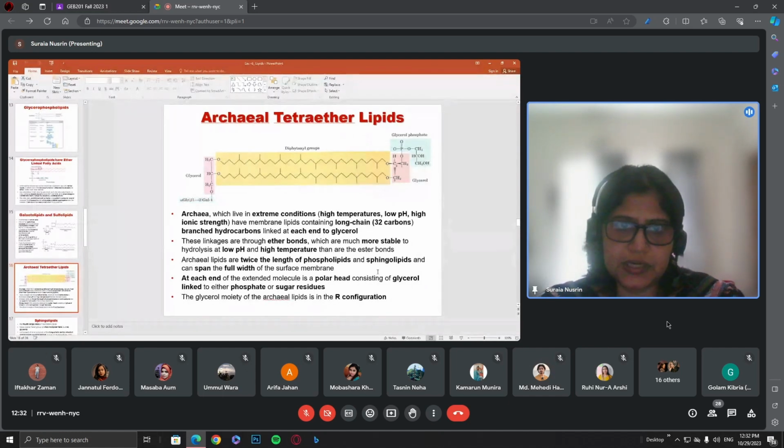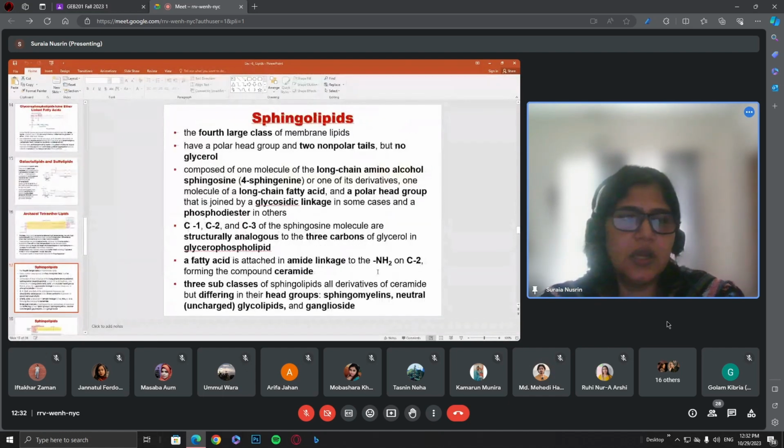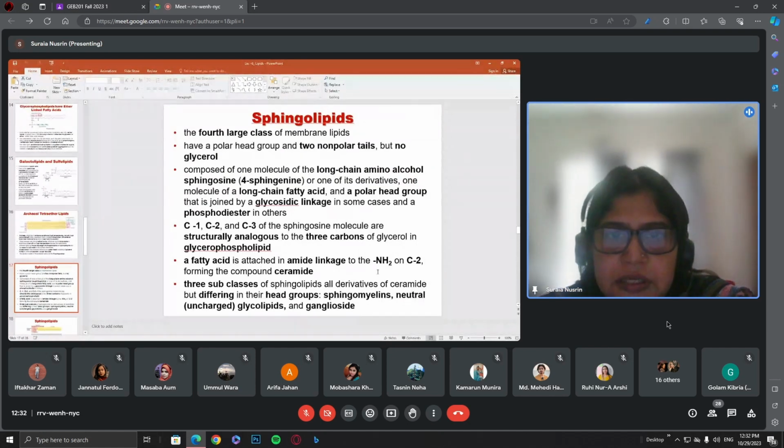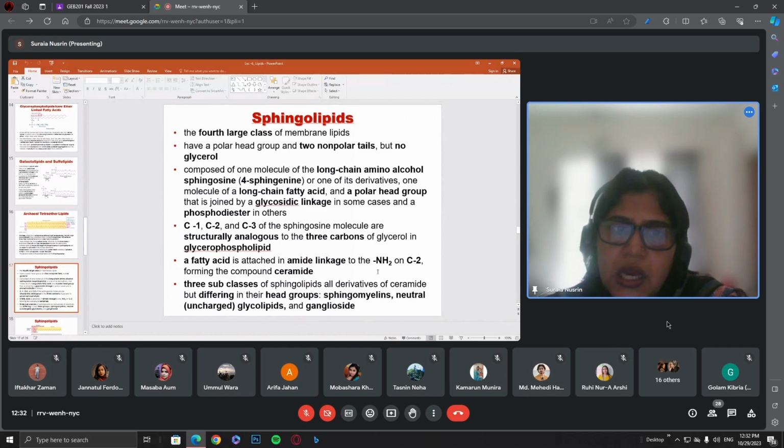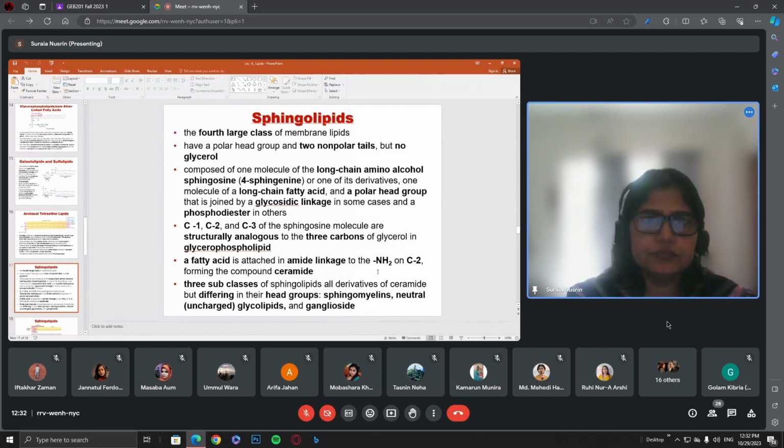Okay, let us move to the next membrane lipid. Now we will focus on another group of membrane lipid, called sphingolipids. This is the fourth large class of membrane lipids, and according to the nature of membrane lipids we have learned, they have two properties: a hydrophilic group as well as a hydrophobic group.